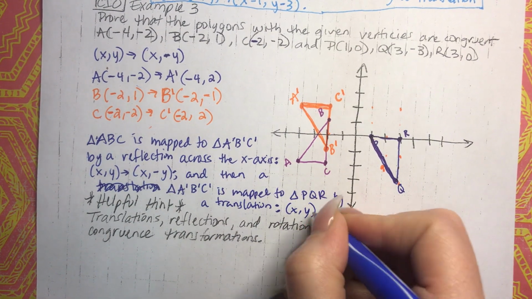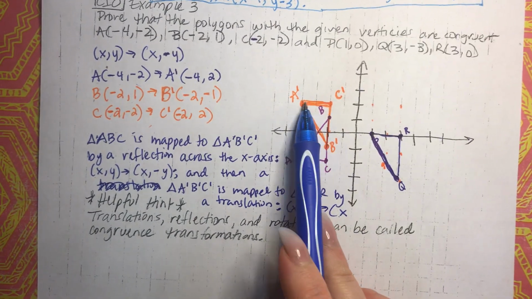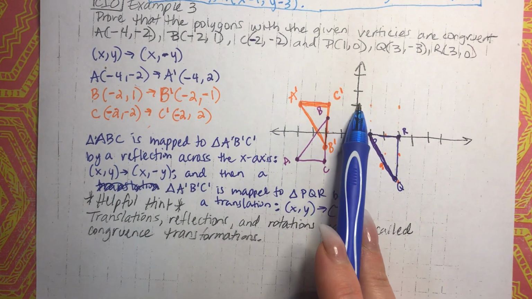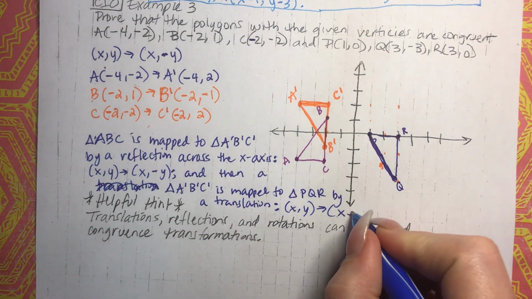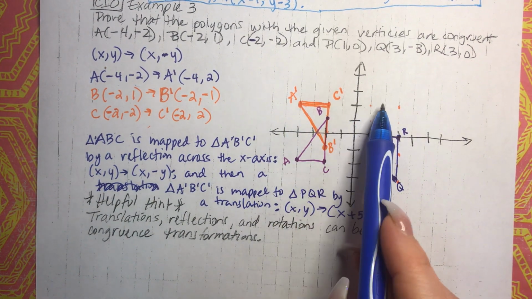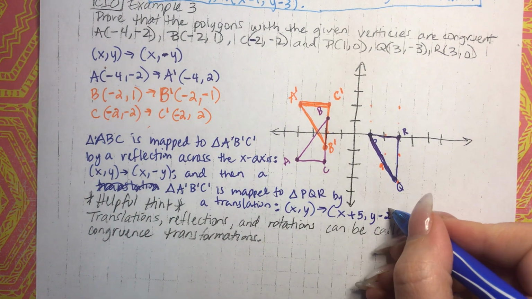(x, y) goes to x, and what happened with the x? It went over in the positive direction 1, 2, 3, 4, 5 times, so x plus 5. And then what happened with y? It went over 5 here, and then it went down 1, 2. So that would be y minus 2.